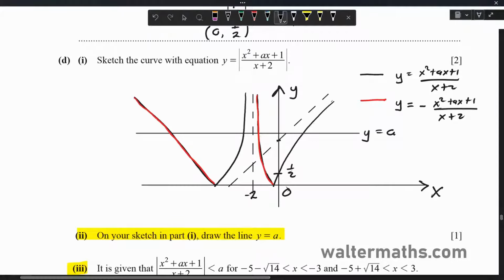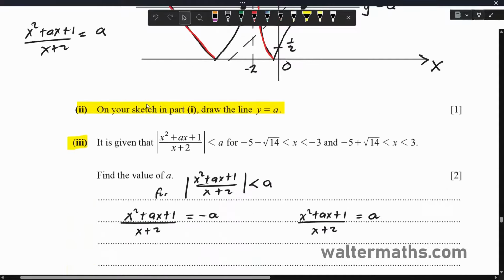But they are intersecting with the line y is equal to a, right? So we want the points of intersection with the bold black line, which are this point and this point. We find this by saying x squared plus ax plus 1 over x plus 2 is equal to a, since it intersects with y is equal to a.